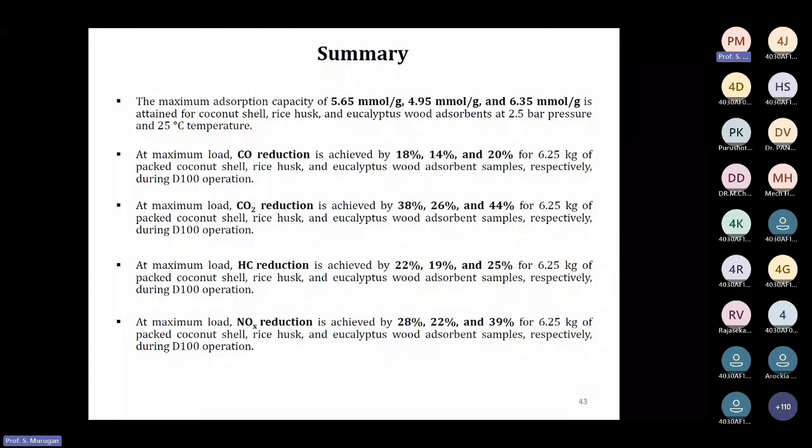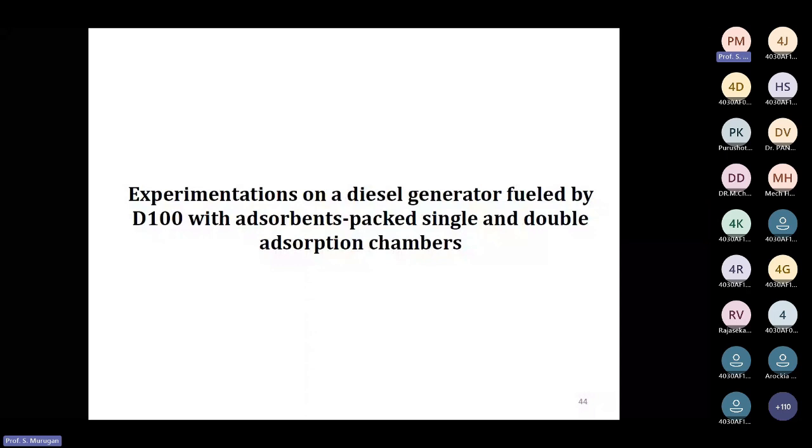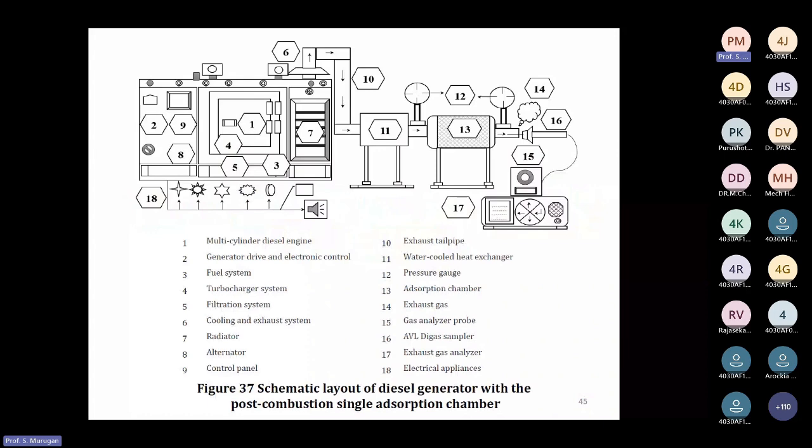Now, same kind of materials we took and used in, of course, a diesel generator. Earlier we used only a single cylinder diesel engine. The same kind of setup was installed in a diesel generator. So this is a pictorial schematic diagram of the entire diesel generator setup, which included this post combustion single absorption chamber.